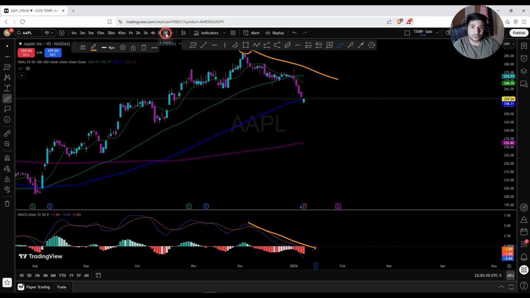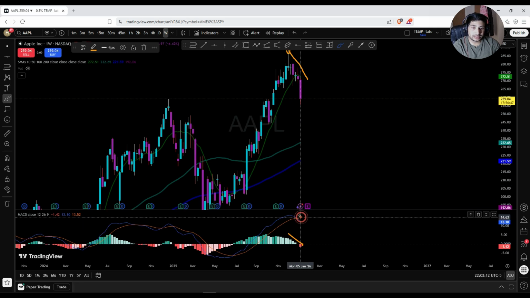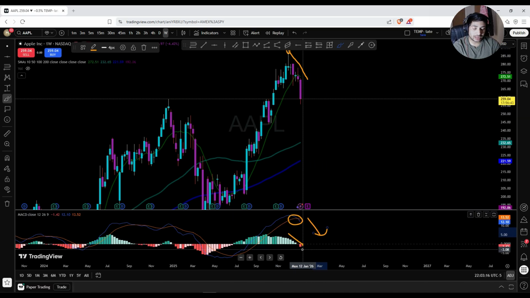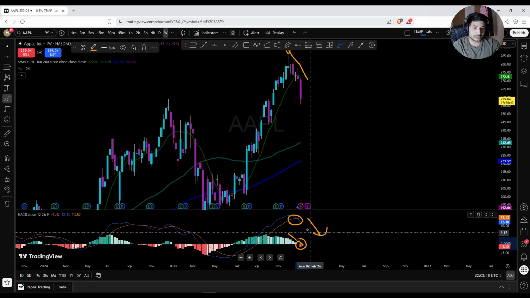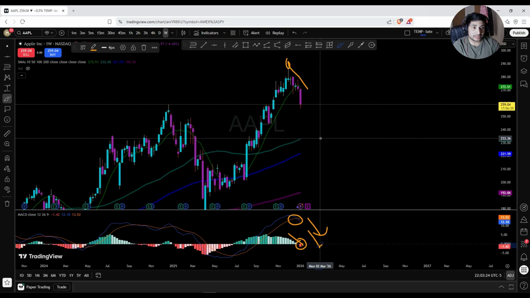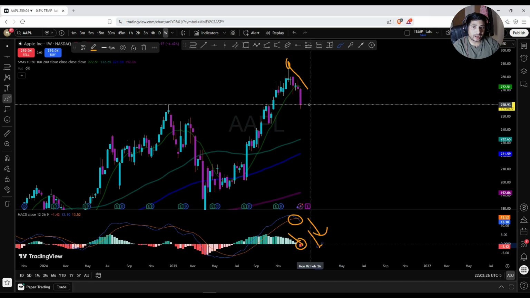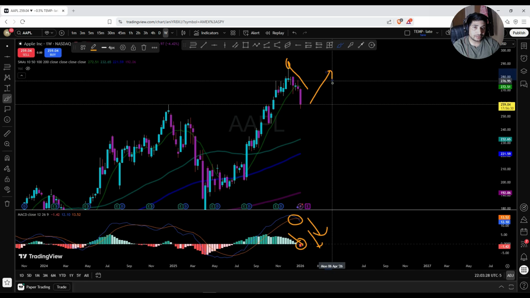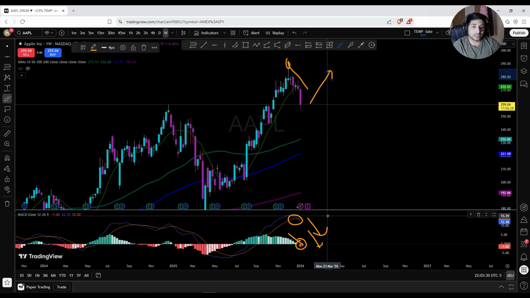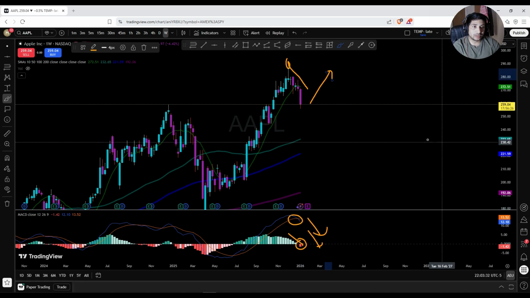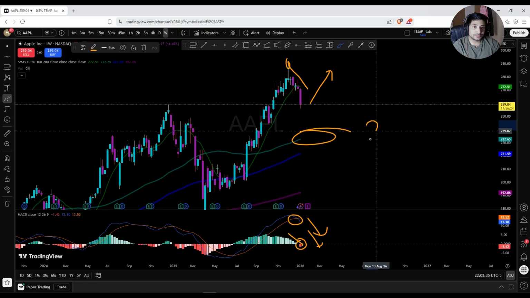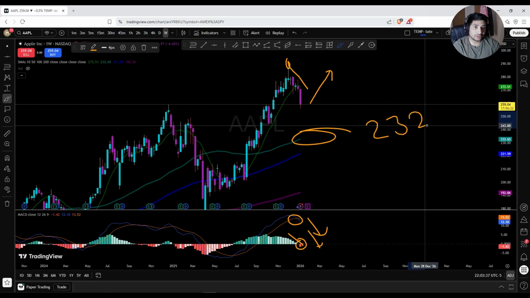But if we see the weekly, there is a MACD cross, which also shows a bearish signal, and there is a red candle on the MACD too. So this is also showing bearish. I still think if it doesn't get back to the support and bounce back here, there's a huge chance we're going to see Apple up to around the 232 range. That's the point to mark.